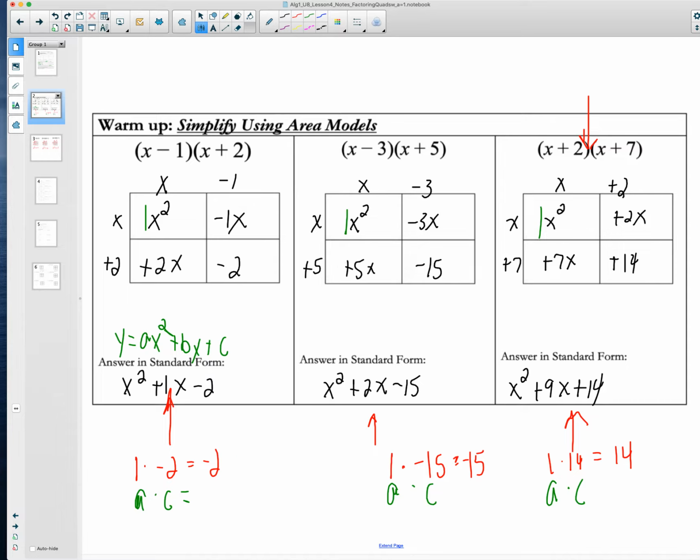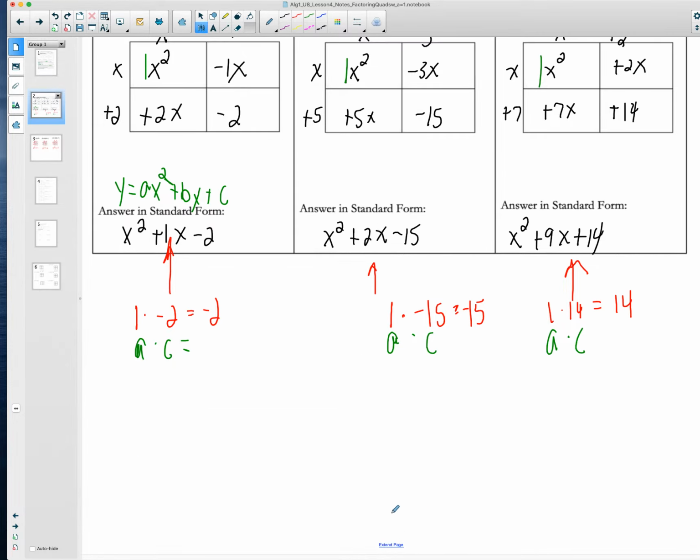So the pattern we're looking for is that we have to find two things that add to be that bx term, but also multiply to be a times c.